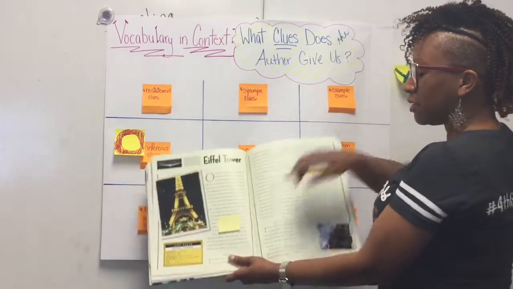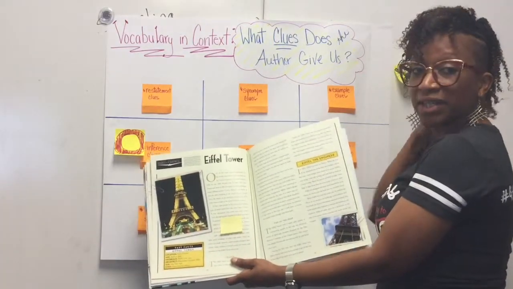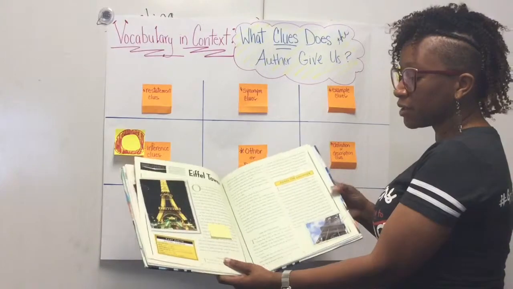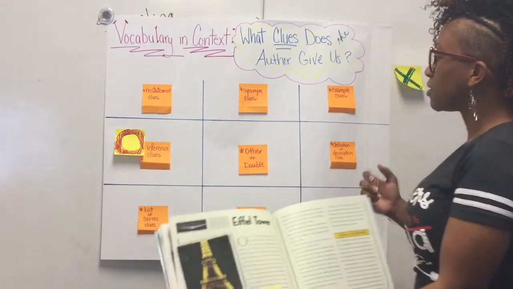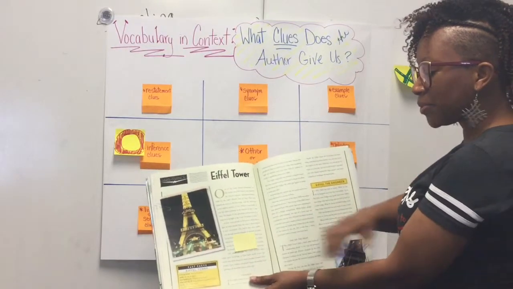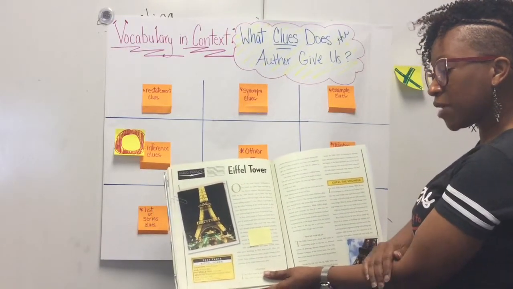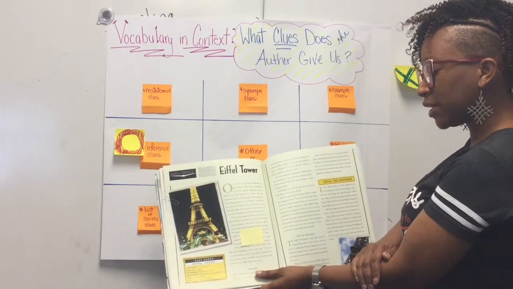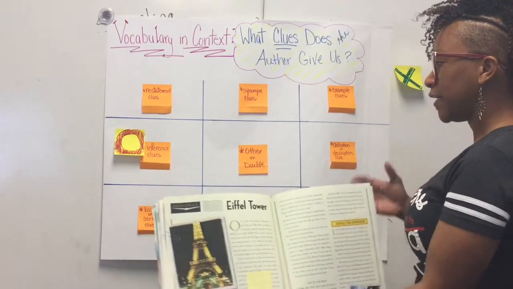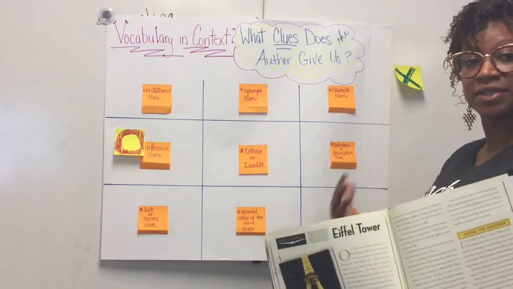So again, notice that I've already pre-read and pre-marked where these context clues are found so that we can discuss them. And so we would talk through, what type of clue is this? The tower was very stable, even though people thought it looked unstable. Now remember, all of these have been explicitly taught.